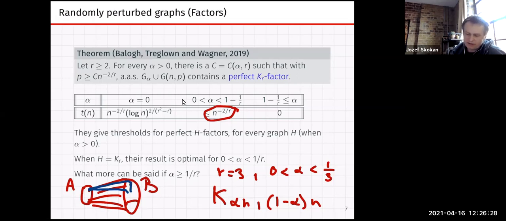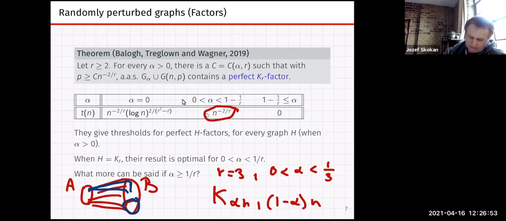So the remaining vertices must be covered by triangles from the random edges inside B. You have linearly many vertices left to be covered, and for that you just need a little bit of random graph theory, and that tells you that such a threshold must be n to the minus 2/3.